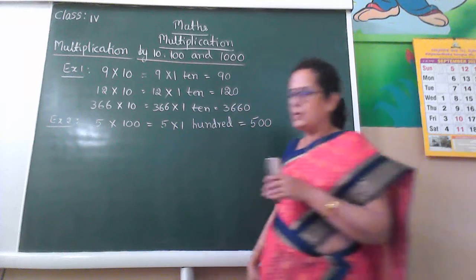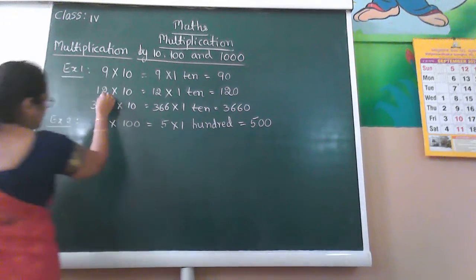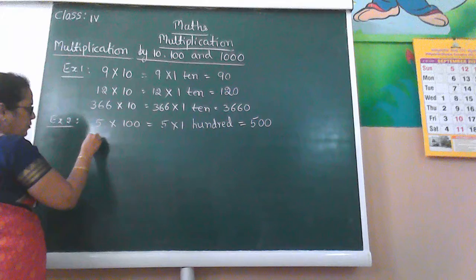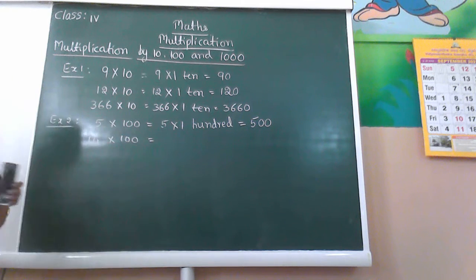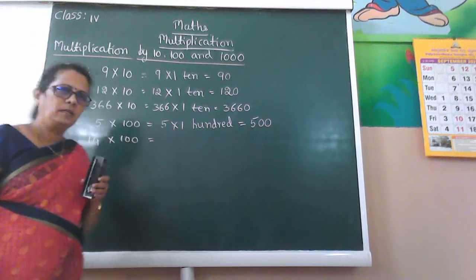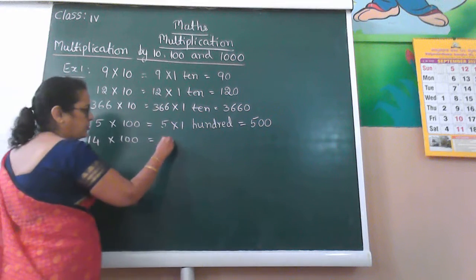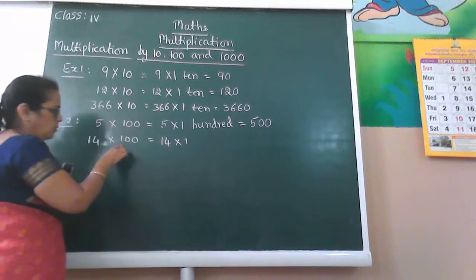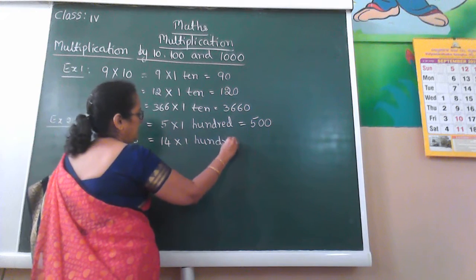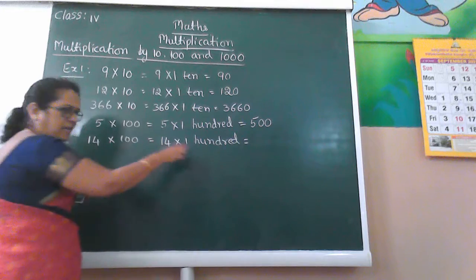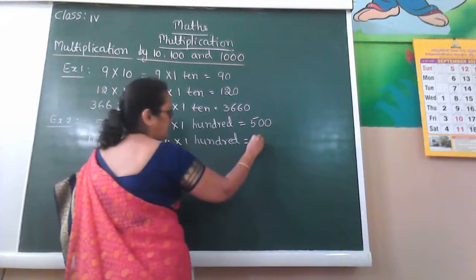Okay children. Now I will take a 2-digit number. Let us say 14 into 100. So as I said earlier, 14 into 1. So 1 is in 100 place. So 14 ones are 14.